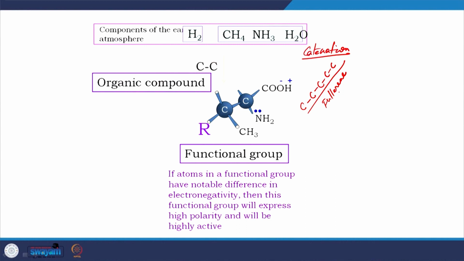If atoms in a functional group have a notable difference in electronegativity, then this functional group will express high polarity and will be highly active. What am I talking about? Carbon develops the backbone, right? We agree to that. But consider a polymer which has only carbon and probably hydrogen. Polyethylene: these develop a very inert polymer, right?